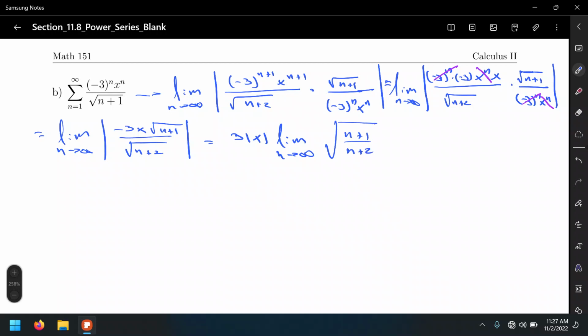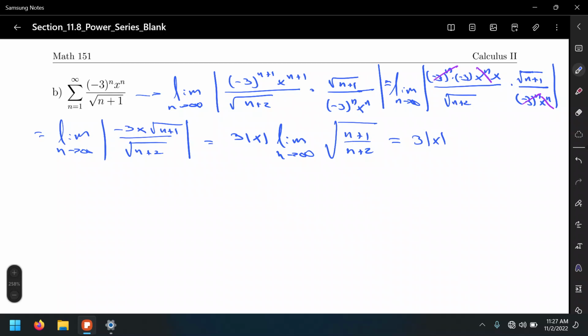Well, if we introduce the limit symbol inside of the radical, which I think would be easier, notice how we have polynomial over polynomial, and both degrees match.